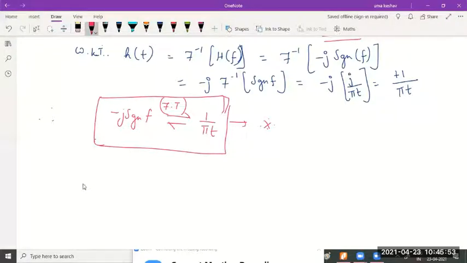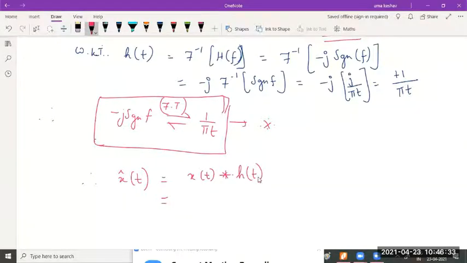Therefore, x cap of t is obtained as what? We have x of t convolved with h of t. So given the input signal x of t, when it gets convolved with the impulse response h of t, we'll get the Hilbert transform x cap of t.